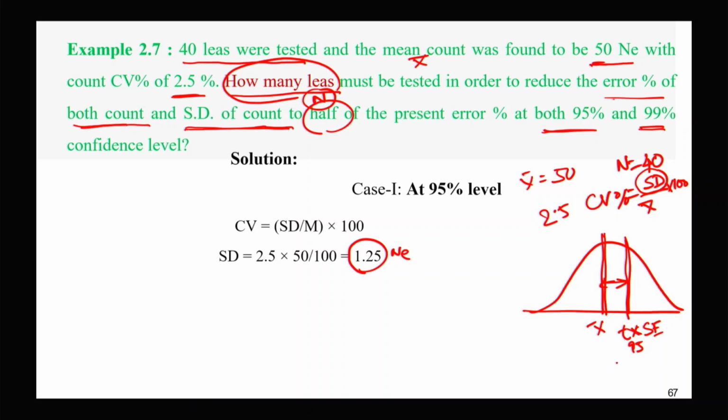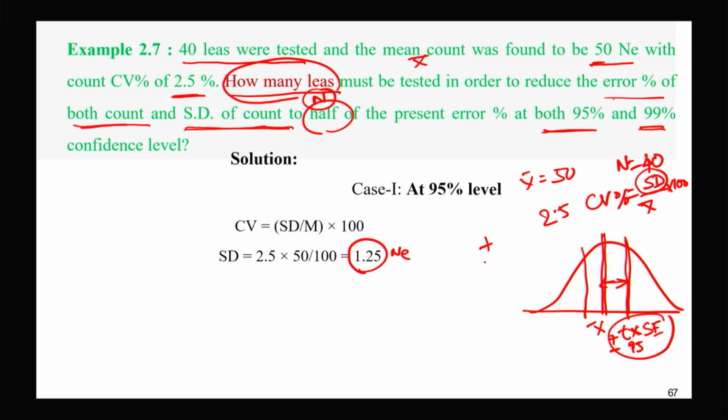So, that means T multiplied by standard error. T into standard error is the total error percent. This can go in plus side, this is called plus minus.